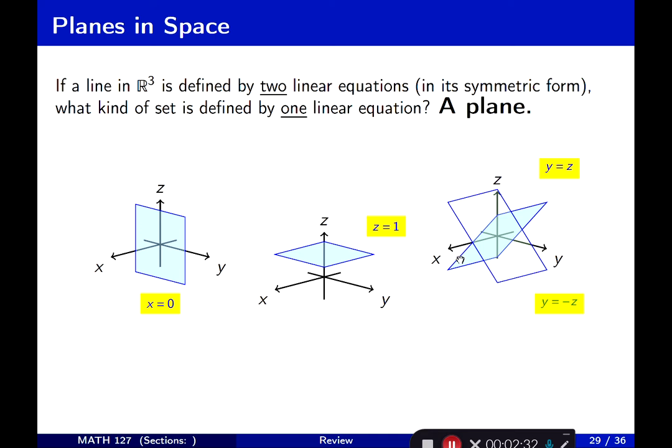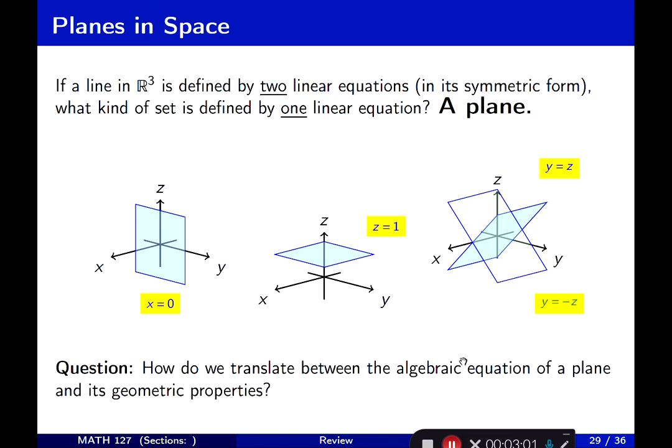Projecting means that you look at it with the x-axis just an arrow coming at you, and what you see is your projection. Through that projection it would be just the line y equal to negative z. So that's a plane whose projection on the YZ plane is just the line y equal to negative z.